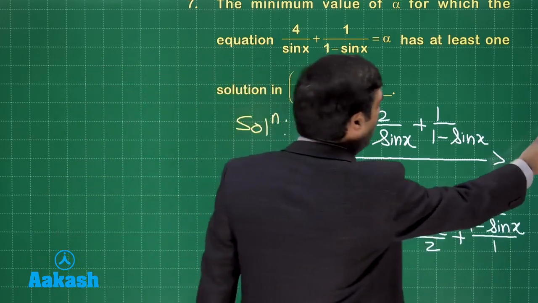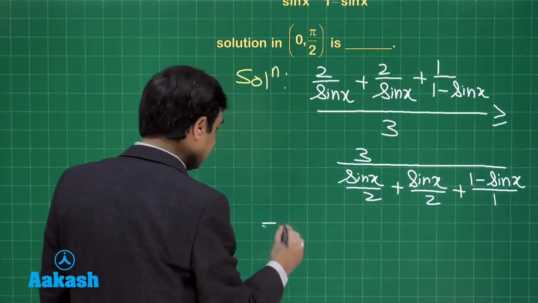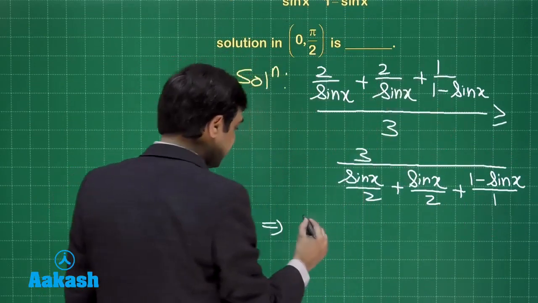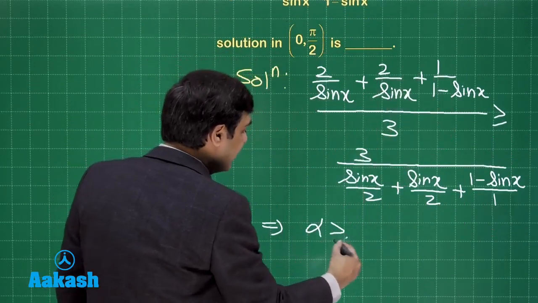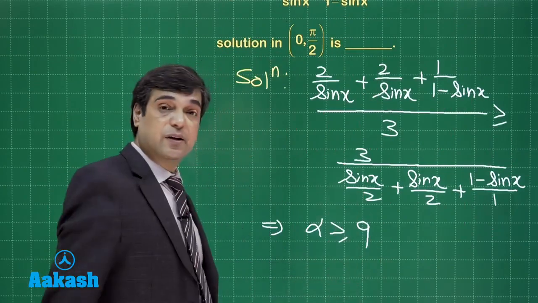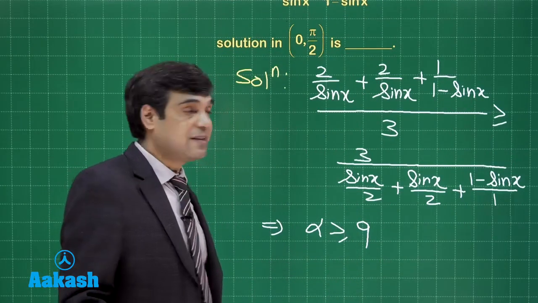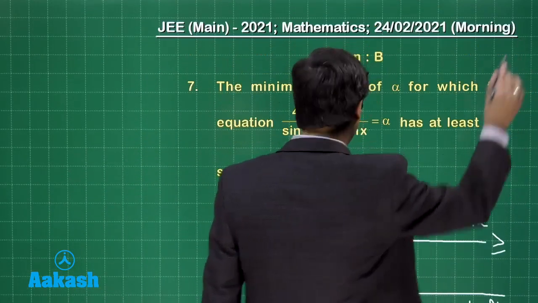All right. Now moving forward, here we see that this value, that is say alpha, is greater than or equal to 9. So what's the minimum value obtained? That is obtained as 9.